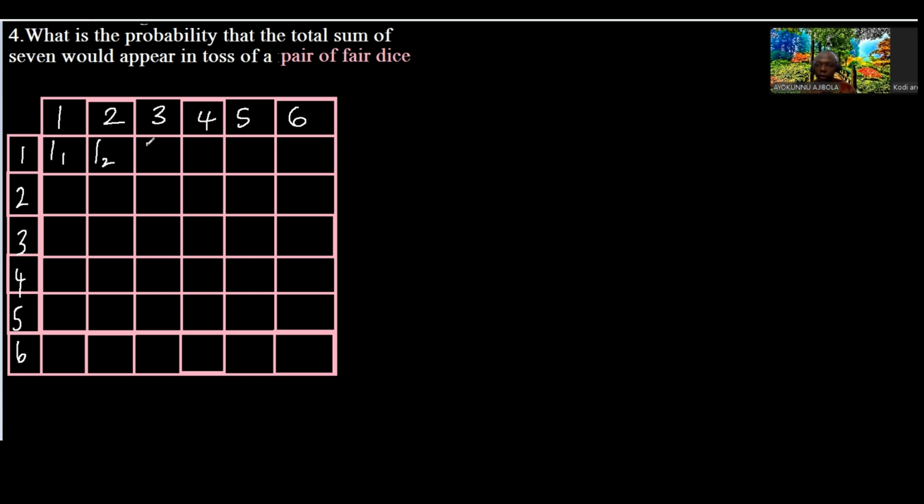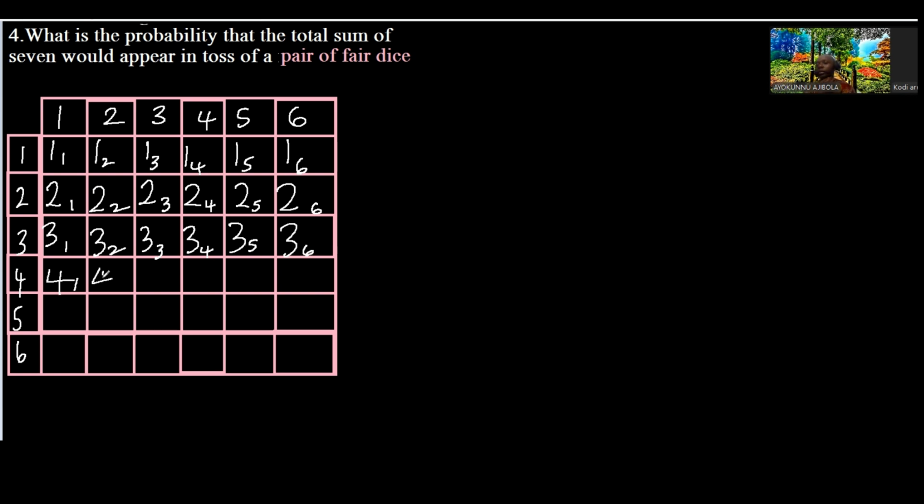Then we have 1,2, 1,3, 1,4, 1,5, and 1,6. Then 2,1, 2,2, 2,3, 2,4, 2,5, 2,6, then 3,1, 3,2, 3,3, 3,4, 3,5, 3,6. Then 4,1, 4,2, 4,3, 4,4.